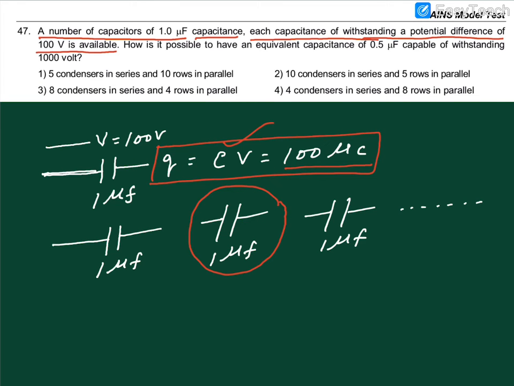Now we want an equivalent capacitor of capacitance 0.5 microfarad that can withstand a total voltage of 1000 volts. So I have many capacitors, each of capacitance 1 microfarad, that can withstand 100 volts.